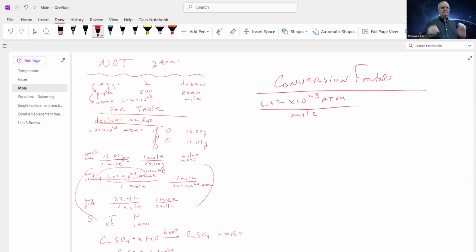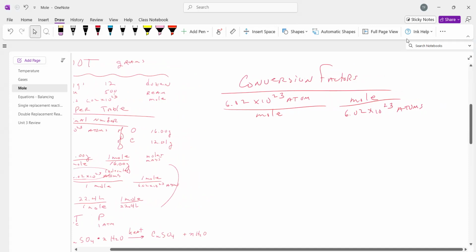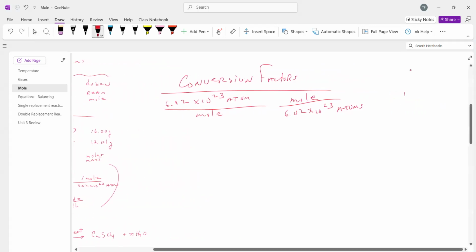It's just a number. It doesn't specifically apply to any discipline other than it's convenient in chemistry and physics. Convenience. Okay, and like all conversion factors, we have the inverse. Okay, and this is for anything. Any chemical.